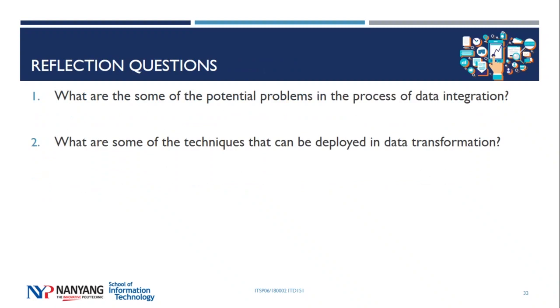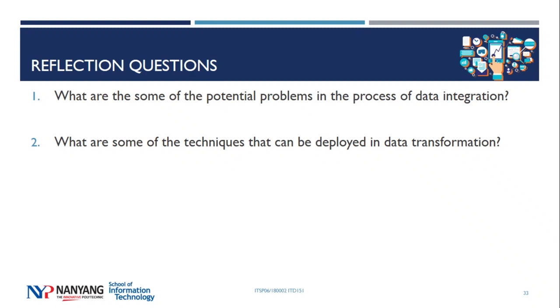So some reflection questions here. What are some of the potential problems in the process of data integration? There are a few issues, and you can find them in slide 6 to slide 8.